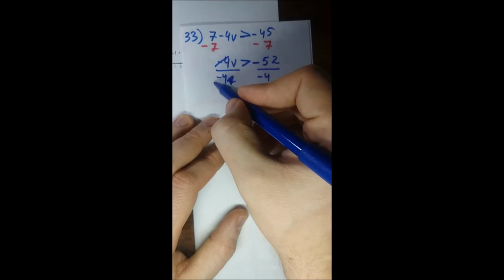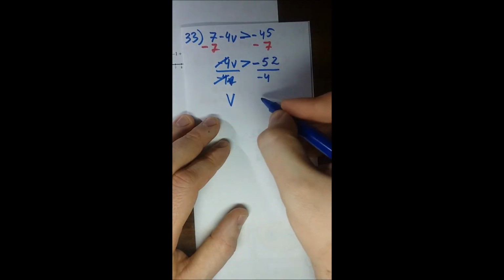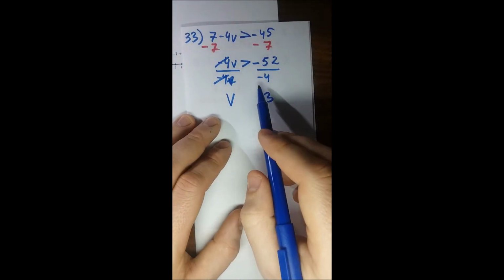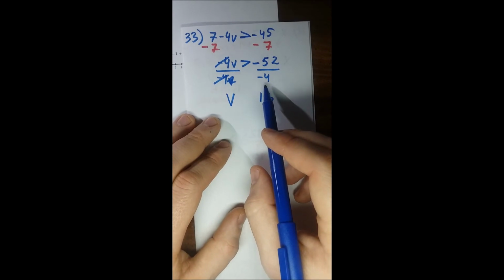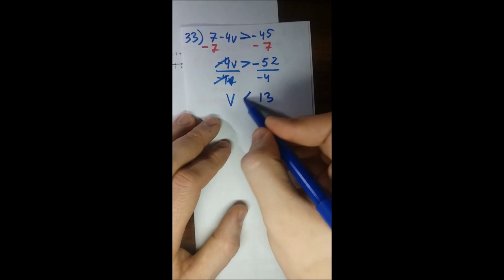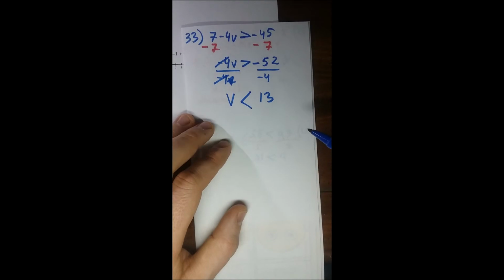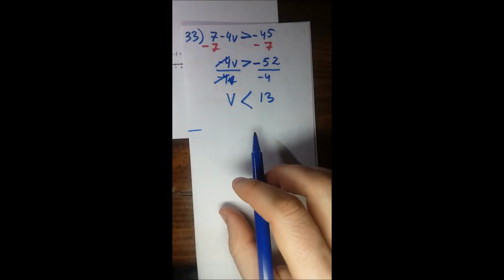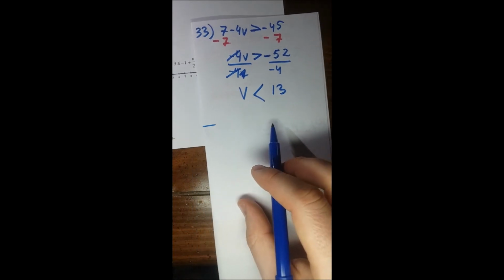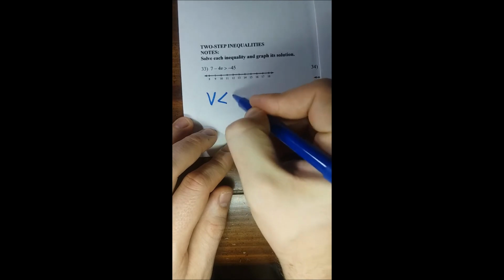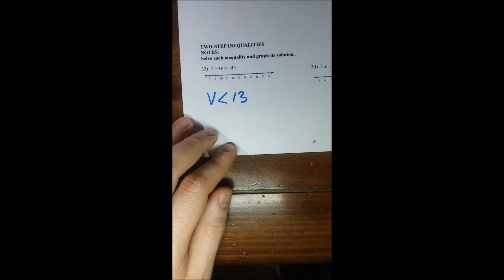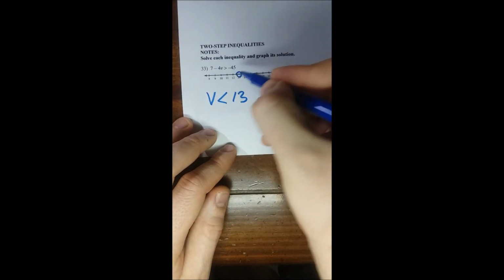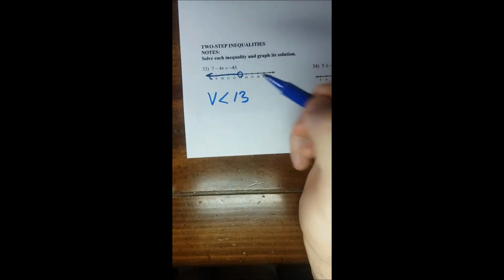The 4's cancel out. If you divide an inequality by a negative number, the sign flips. That's the trick here. So v is less than 13 because we divided by a negative. 13 is here, open circle. There you go.